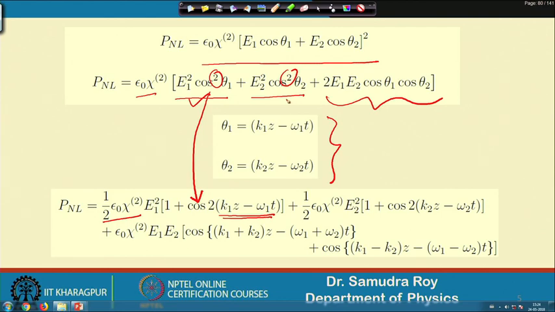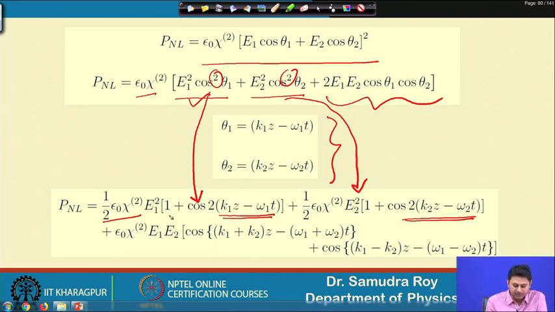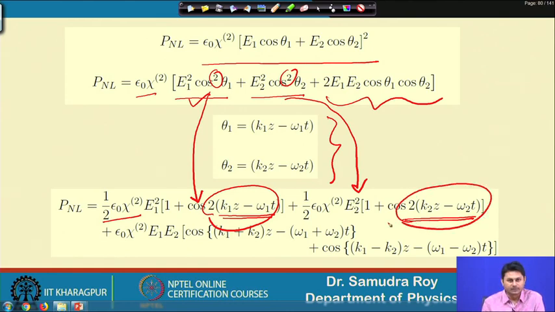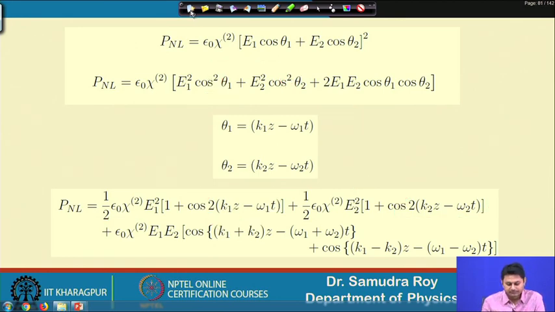In exactly the similar way, the second term can be represented as half epsilon 0 chi 2 E 2 square and then 1 plus cos 2 of this term. So, we have one term here having frequency 2 omega 1, another term here having frequency 2 omega 2, and then after these two terms we have the term having cos theta 1 and cos theta 2.